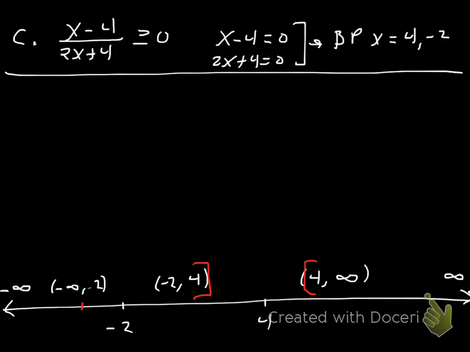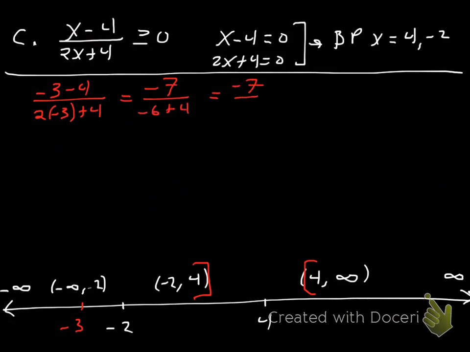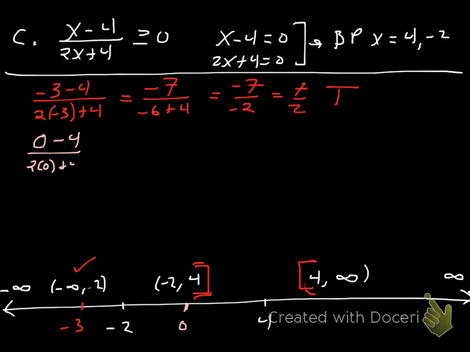Okay, so we'll pick a test value in the first interval, plug it in. We're looking for, is it positive? We got negative divided by negative, which is positive, so that's a good interval. Then we'll pick something in the next interval between -2 and 4, so 0 sounds good. 0 is nice and easy to check.